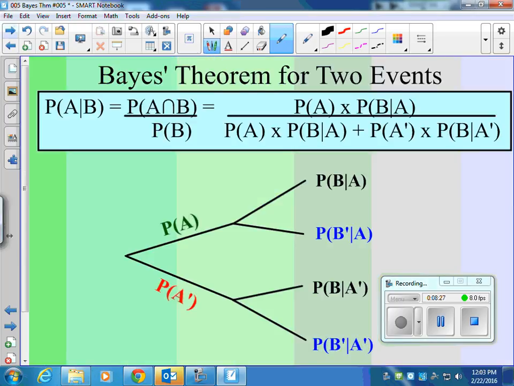The formula for Bayes' theorem, when you solve for all of this, is really a logic type problem. And I would like you to think of this. This is Bayes' theorem of two events. You can have two things happening. Let's say you have event A happening or you have event A not happening.